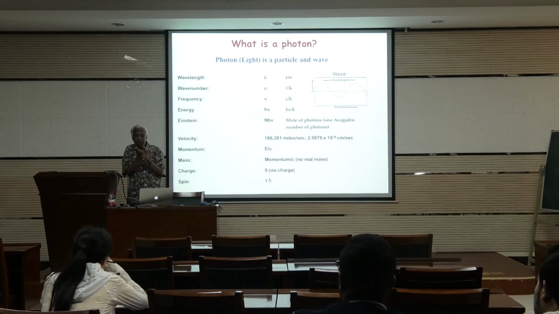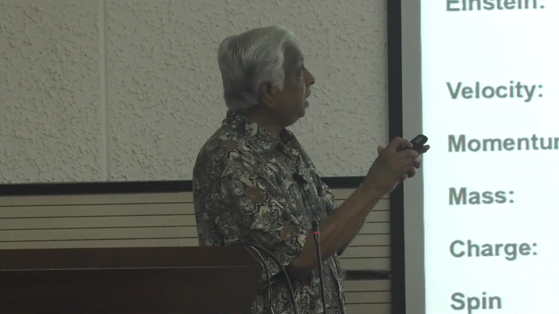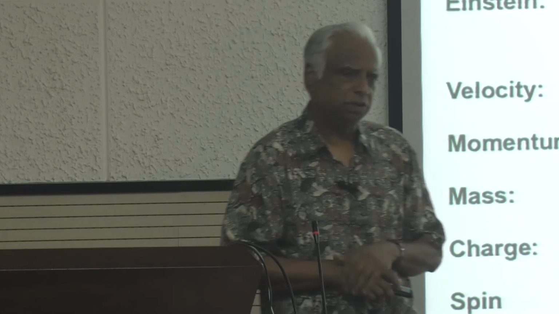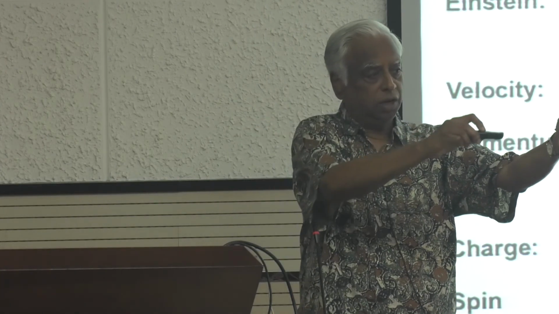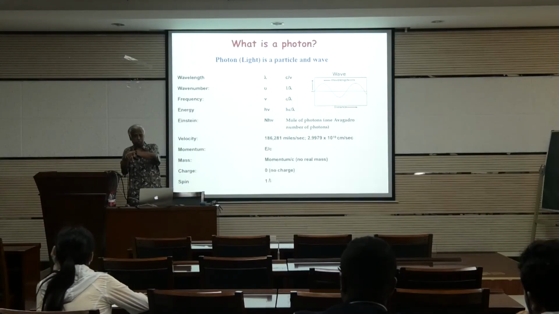So when you say a photon, these are all the various properties of a photon. When you have light that is going to interact with your molecule, you should know all of these things so that you can understand what it will do when it hits the molecule.